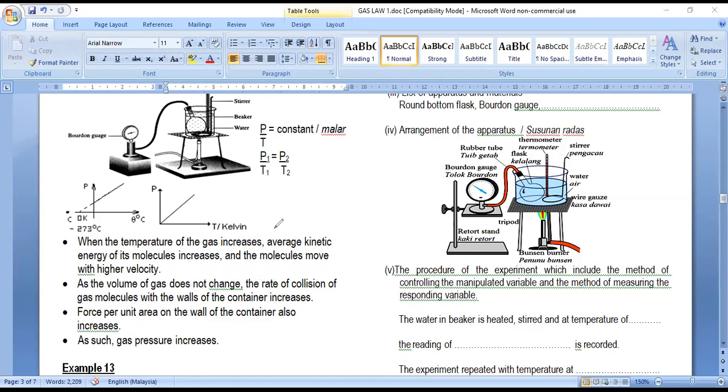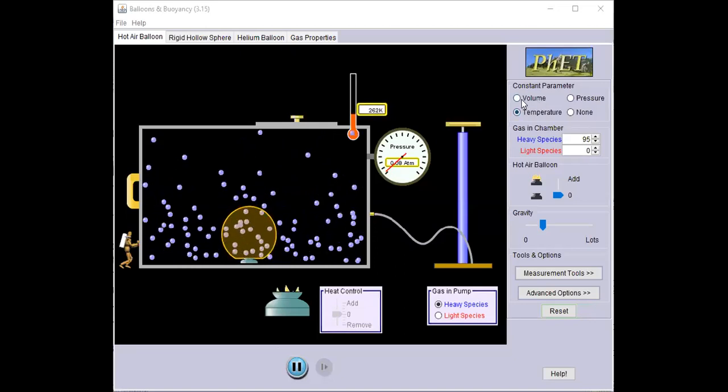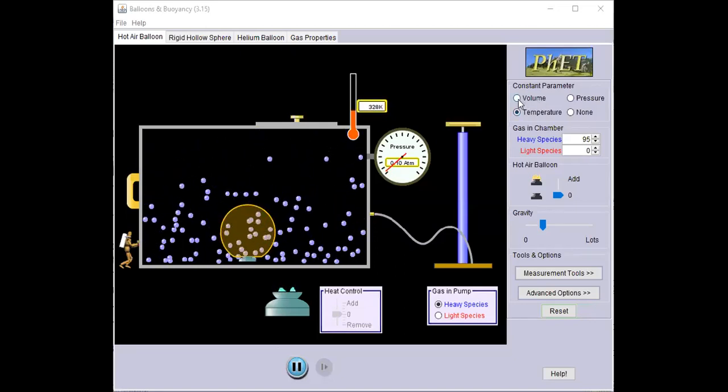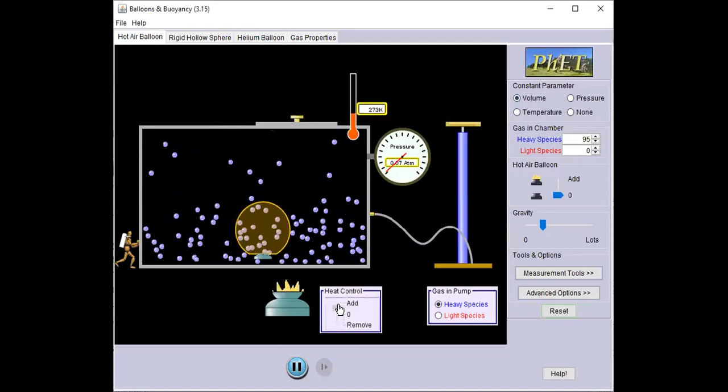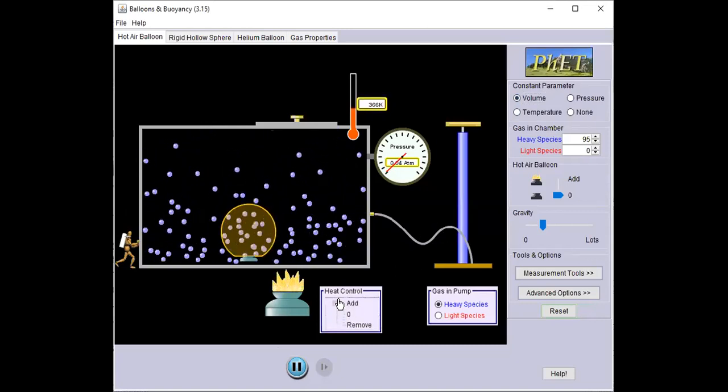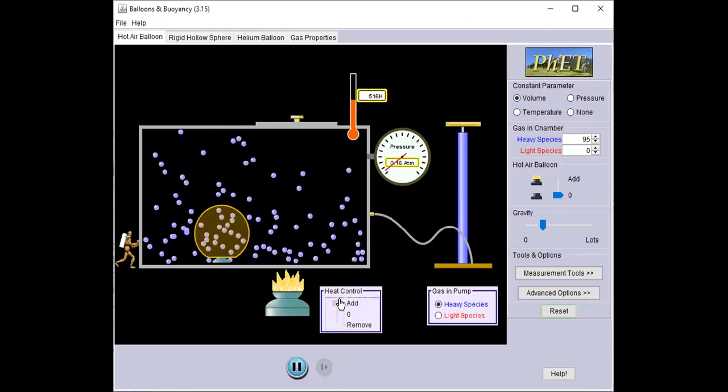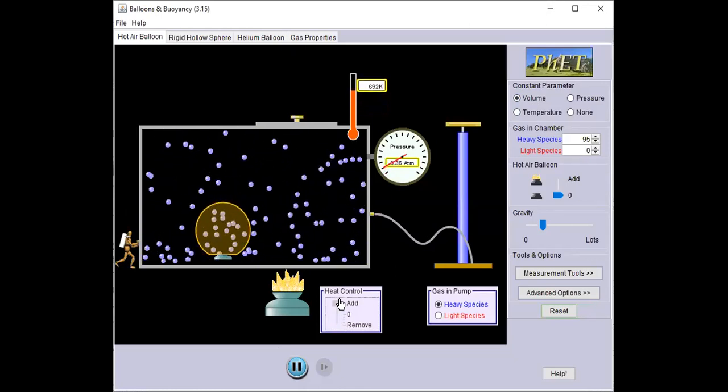Force per unit area, or the pressure of the gas, will increase. You see what happens when you increase the temperature: the kinetic energy of the gas molecules increases.